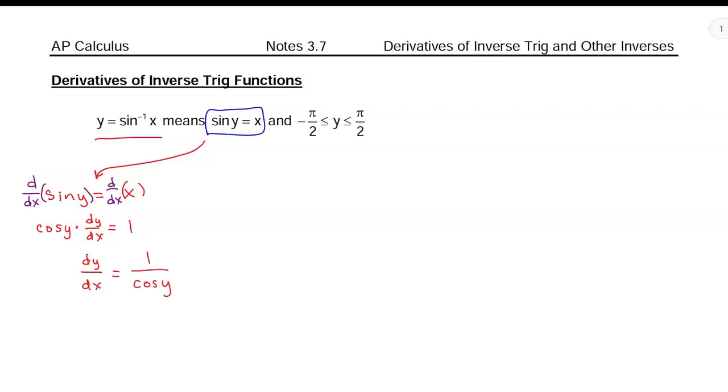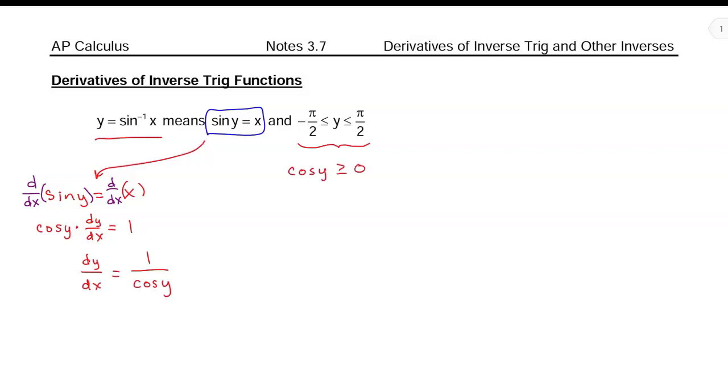So this is the derivative of the inverse sine, but it has the variable y. So I need to address that. We know that y is between negative pi over 2 and pi over 2. And we're taking the cosine here of y. So the cosine of y is going to be greater than or equal to 0 in those quadrants.